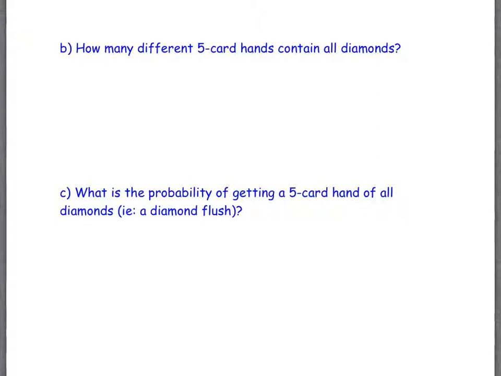Well, how many diamonds are there? 13 diamonds. There's 13 of every suit. How many of those 13 am I picking? 5. So again, the order doesn't matter. So this is 13C5. My numerator is 13 factorial, my denominator is (13 minus 5) factorial times 5 factorial. So what is 13 minus 5?